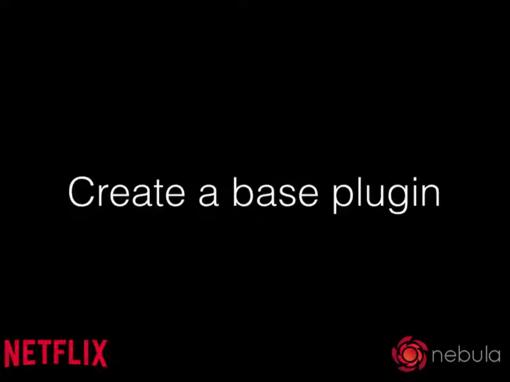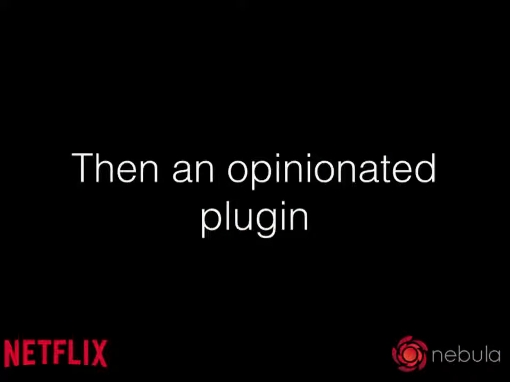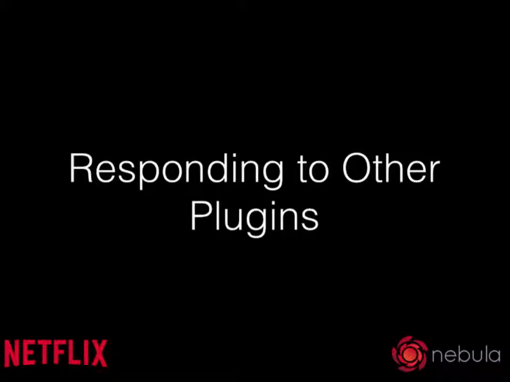Our publishing plugin is an example. We assume lots of things about what you want your end Maven file to look like, and you might not like all of those things. So there's also a base plugin there that gives people all of the hooks to add various things. Then add the opinionated plugin. All right, so to code.